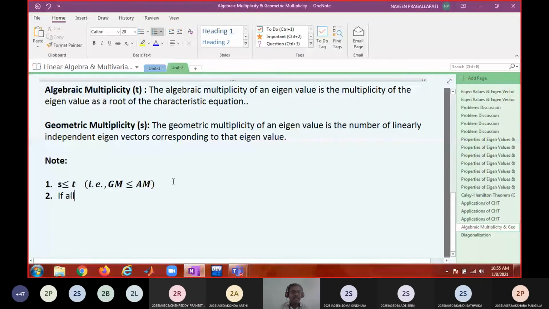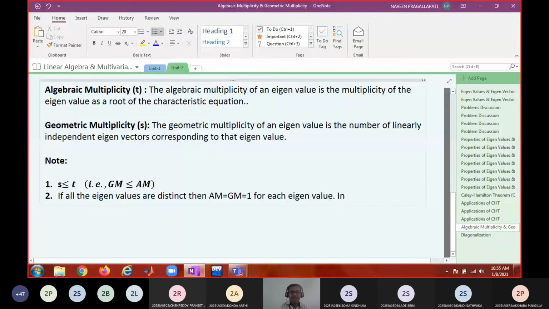What is the second observation? If all the eigenvalues are distinct, then AM equal to GM equal to 1 for each eigenvalue.